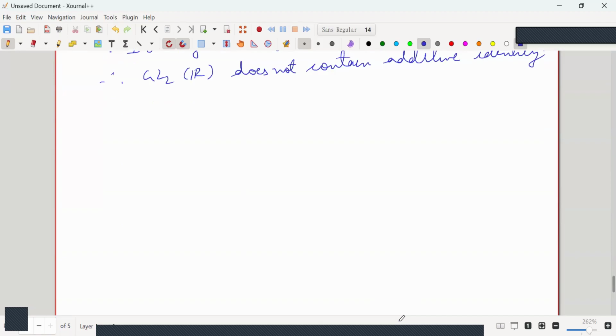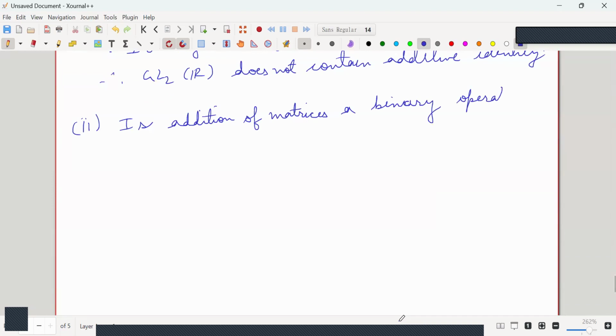So you can see the second question is this: is addition of matrices a binary operation on GL2R?